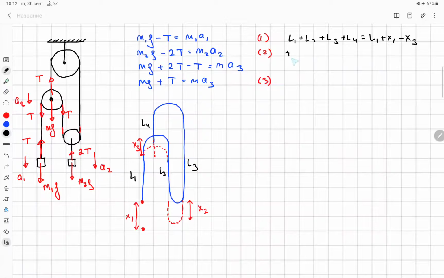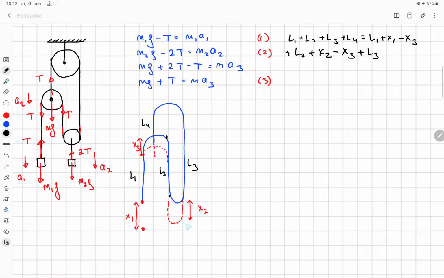Now let's come to the L2. This part was L2. This point moves downward for x2, so it means L2 plus x2, but the upper part also moves downward, so we need to subtract x3. Now let's come to the L3. Initially this length was L3.